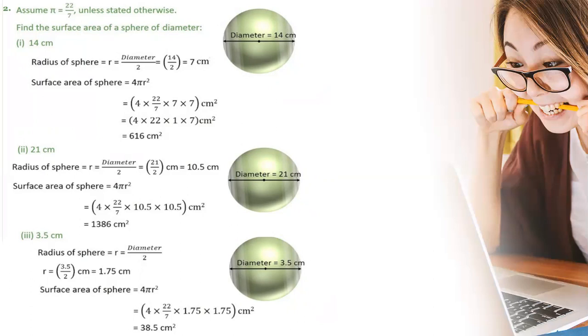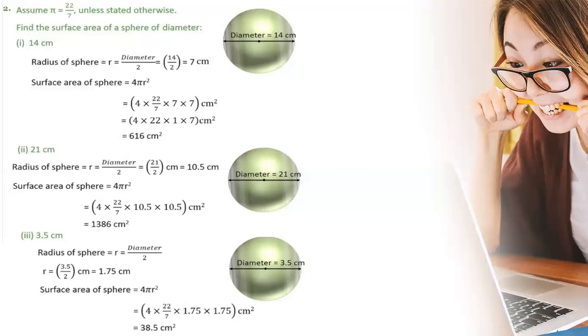In the second case, diameter is 21 centimeters. So the radius will become diameter by 2, which is 21 by 2 and is equal to 10.5 centimeters. So surface area 4 pi r square is calculated as 1386 centimeters square.